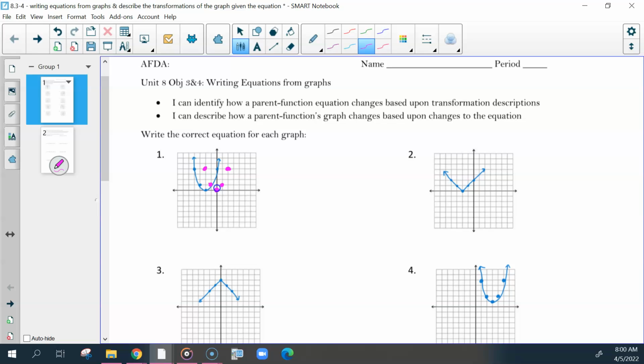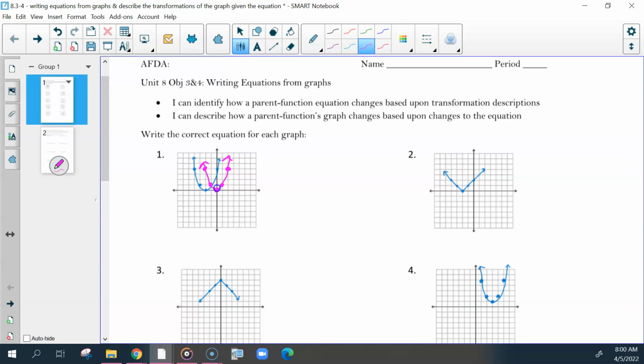Your parent function will always have these 5 points: negative 2, 4, negative 1, 1, 0, 0, 1, 1, 2, 4. If you know those, then anytime you have to draw the parent function, you kind of know where it's supposed to be or where it was originally.